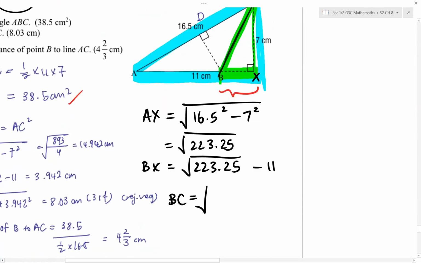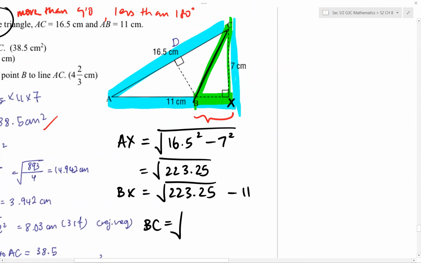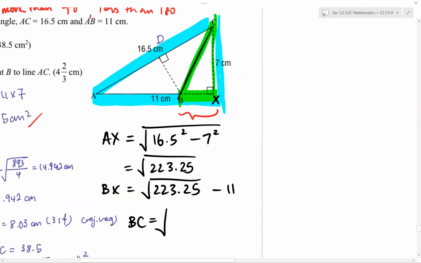Then the distance BC. BC must be the square root of the sum of the squares. So whatever BX is, I'm going to square it. BX has a value of square root 223.25 minus 11. I'm going to square this and add that to 7 squared. Early on, I had my 223.25 in my calculator already, so don't remove it yet.